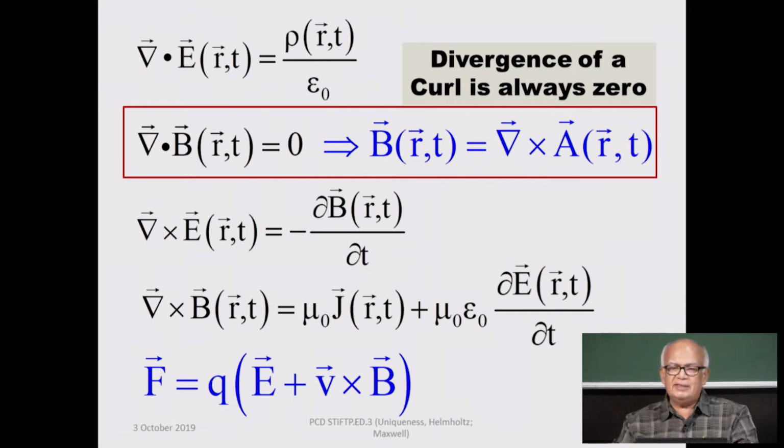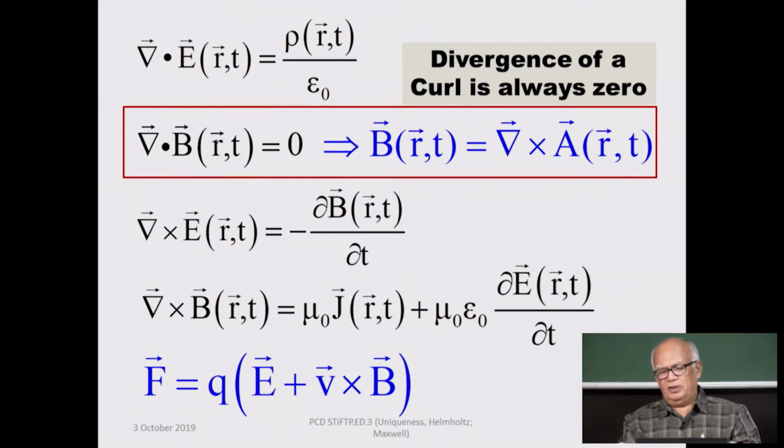What it tells us is that the magnetic induction field B, or the flux field B, is derivable from a vector potential A. That is what you call a potential. The potential is the vector field from which the magnetic induction field B is derivable.